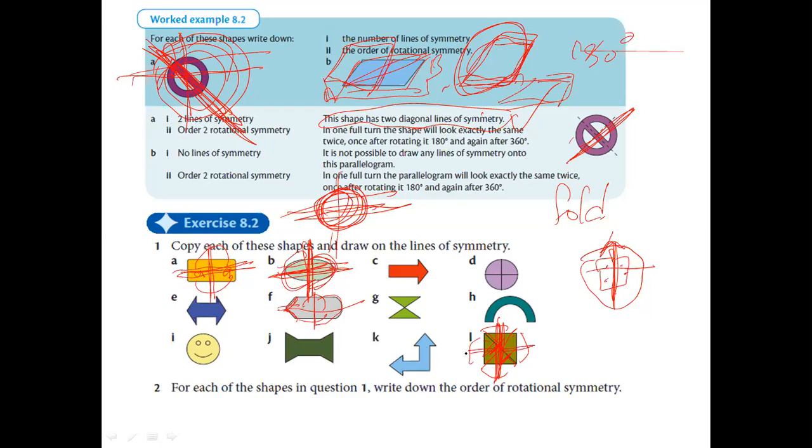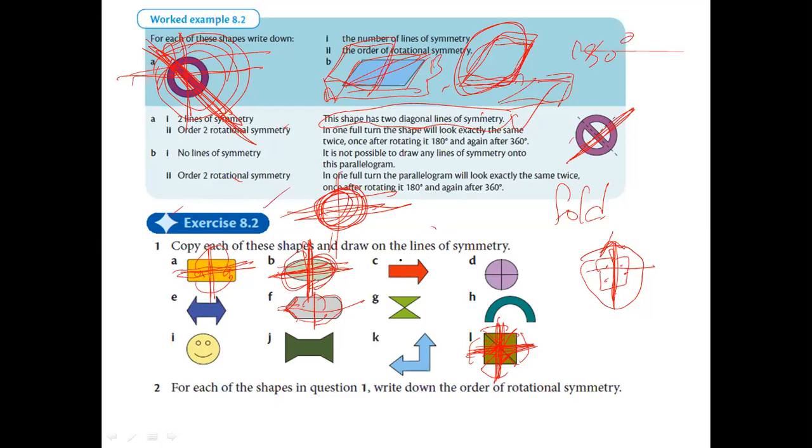Your shapes are equal. So 1, 2, 3. In a square, three lines of symmetry.